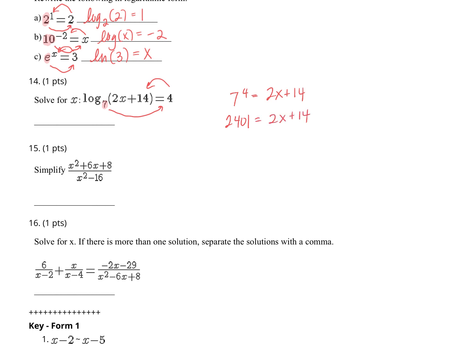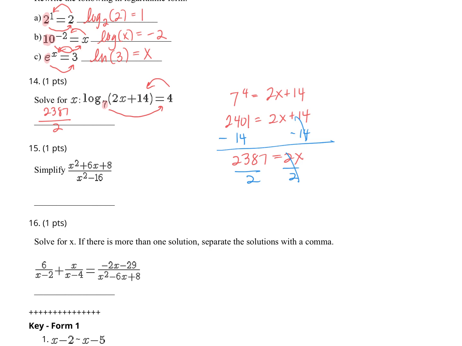I would subtract 14 from both sides and get 2387. Divide by 2. And I would get, let's put it in fraction form, 2387 over 2.